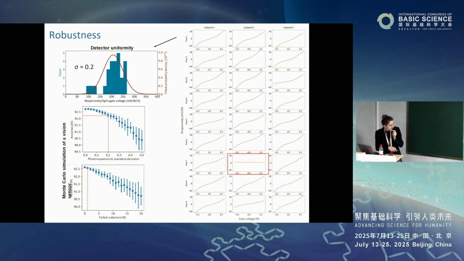And also, if you simulate the amount of failed pixels with 1 pixel, it doesn't make much of a difference. And indeed, this is what we noticed, that accuracy was still very high, and even with 1 subpixel destroyed, it was still okay. And this is what happens to a human brain, actually. Don't try it at home, but if you destroy parts of your brain, after some time, another part of your brain will take over the functions.